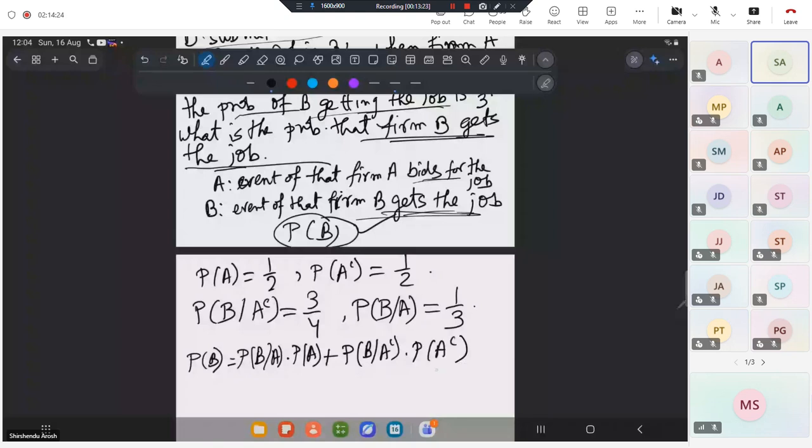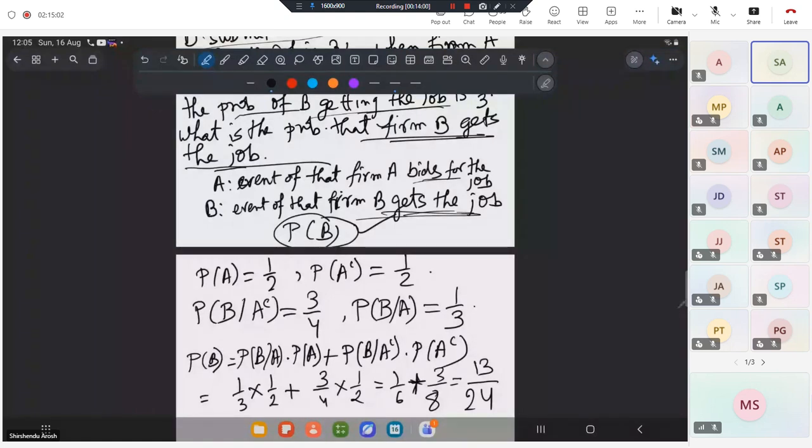P of B given A is 1 by 3 multiplied by half, which is 1 by 6, plus 3 by 4 multiplied by half, which is 3 by 8. So eventually if you solve this, I think the answer is 13 by 24.